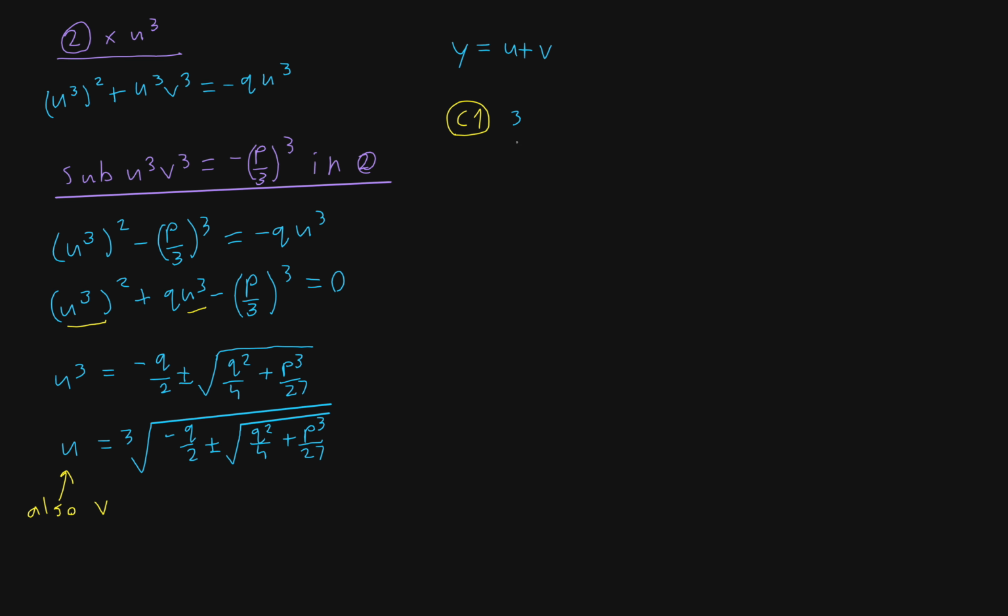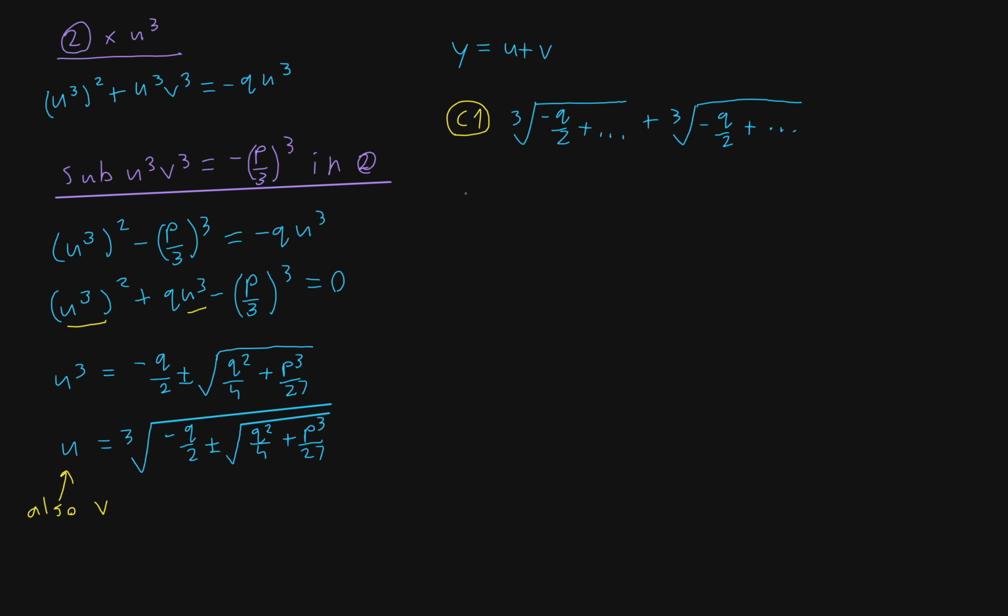So we're going to have the cube root of negative q over 2 plus blah blah blah, and then plus the cube root of negative q over 2 plus blah blah blah, like so.